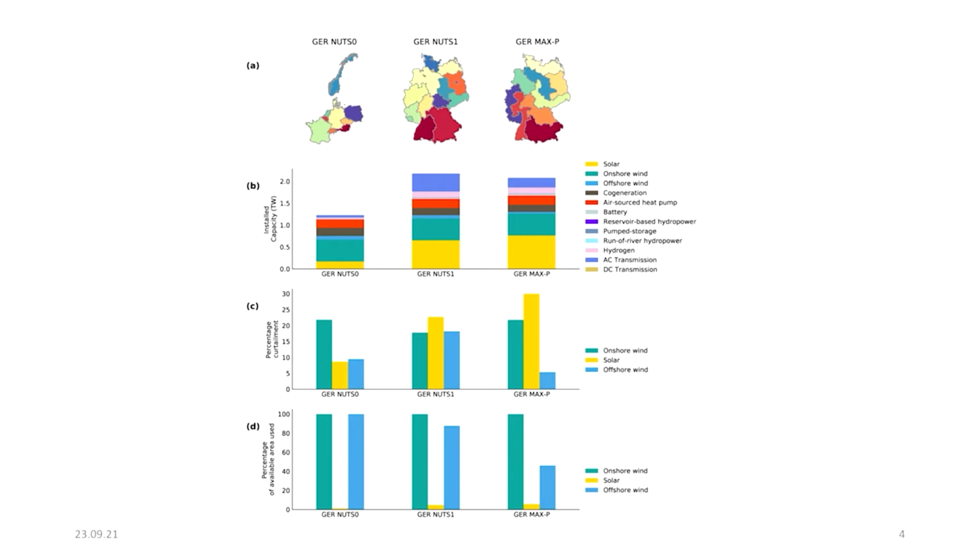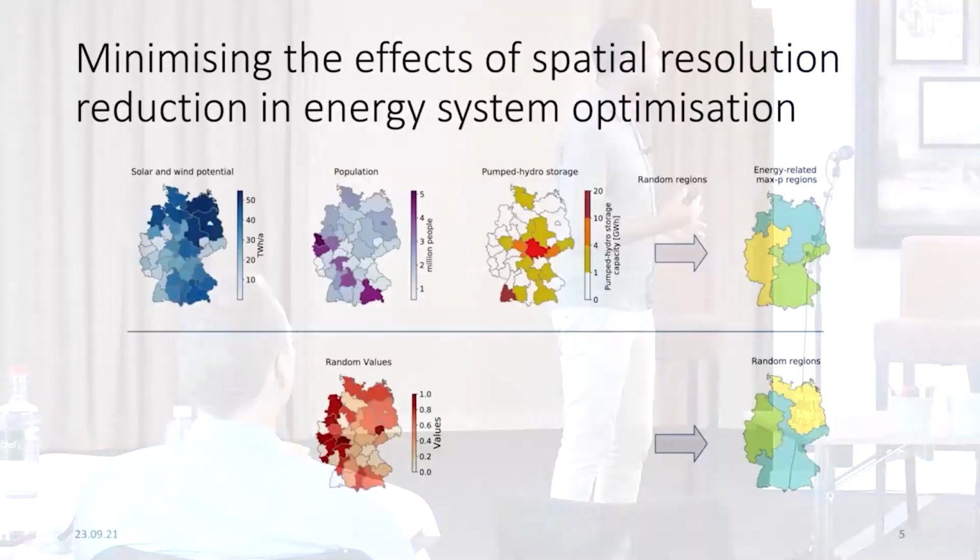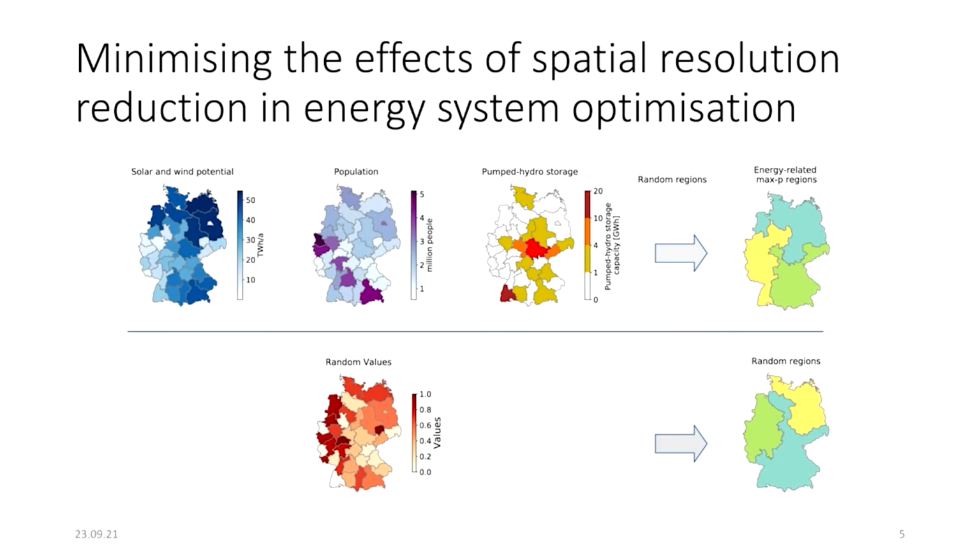So if you see these two columns here, you can see there's a difference in the way these areas have been compiled together, aggregated the data, and this will result in new results. And this is exactly what I depict here, just by understanding where your solar and wind potentials are, where your energy demand is, and where the pump storage are within a specific country. The method you choose to aggregate this data together can result in new regions.